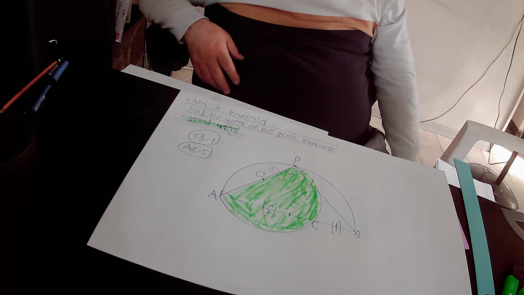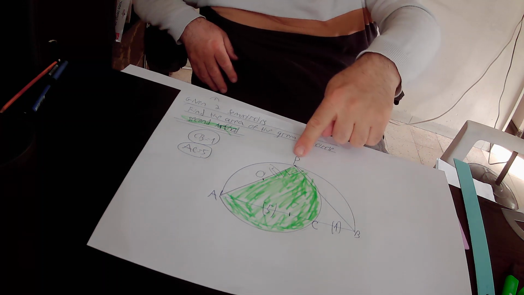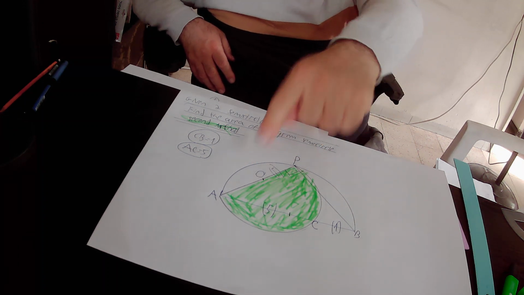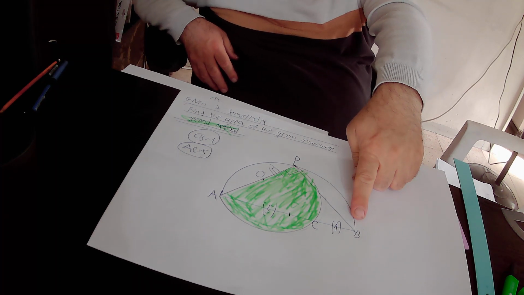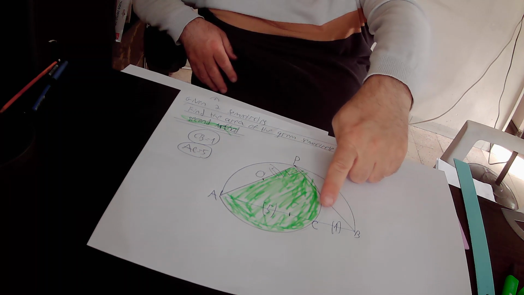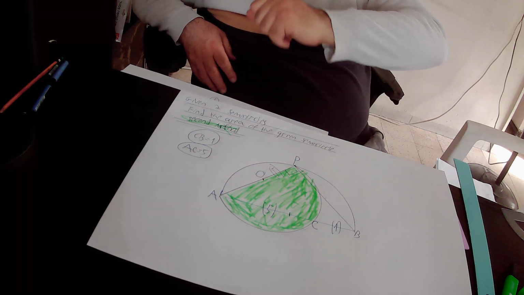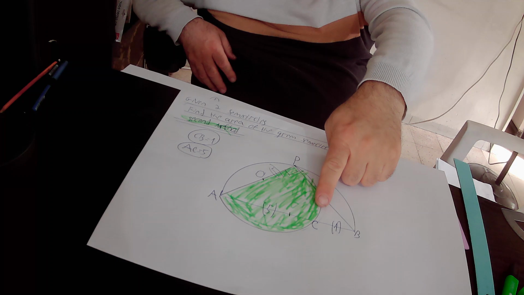So, from the common standpoint, point B, we have tangent BP to this green semicircle, and from the same point B, if we draw a straight line towards this green semicircle, it will cut the semicircle at points C and A. So from the same common standpoint, point B, we also have chord CA.